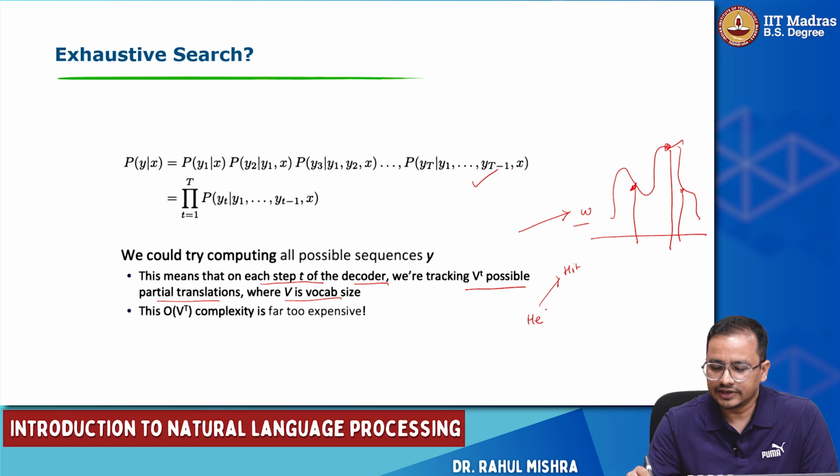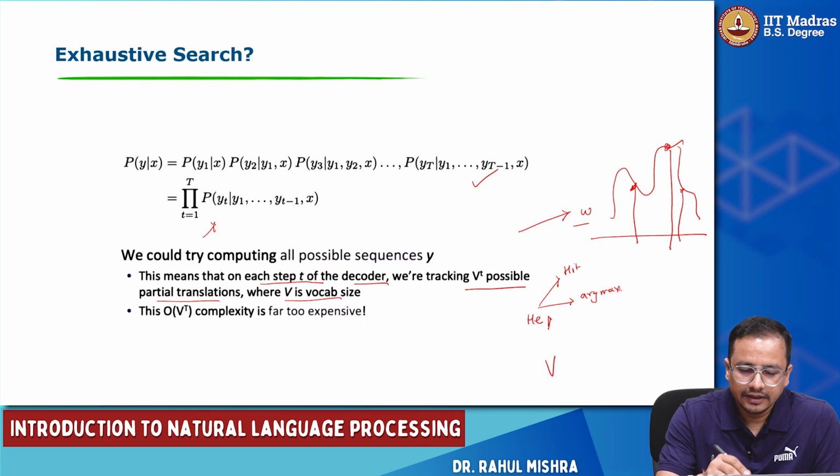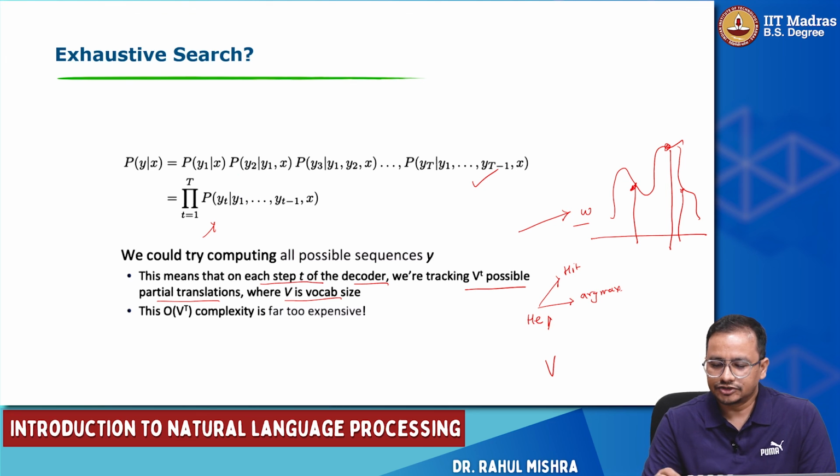Rather than generating something coming from argmax, we have V possibilities to fill this in. So we need to do an exhaustive search over V possibilities, and for each of these cases this probability needs to be maximized, so it will come out to be V to the power t.